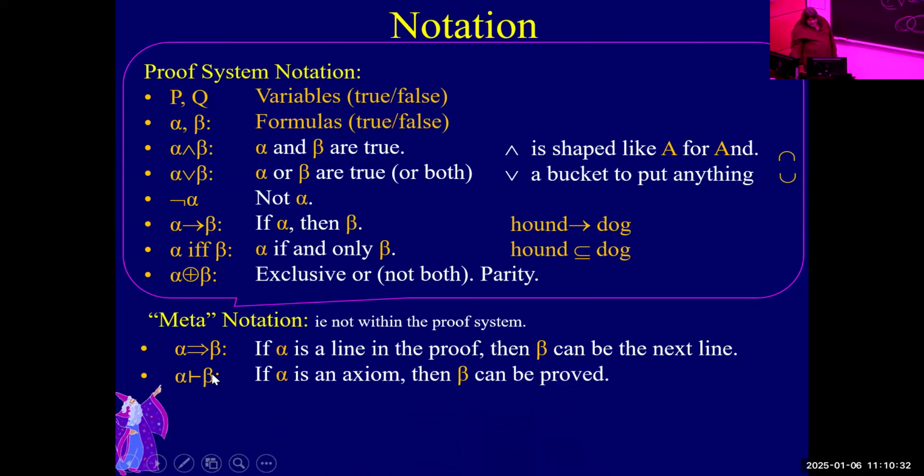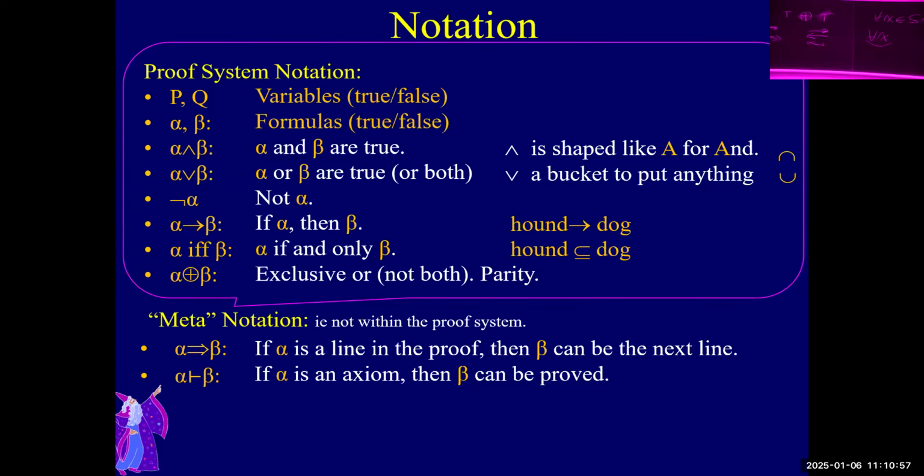This one here talks about truth, right? And this next one talks about proofs. So we would like our proof system to be one in which if you can prove it, it's true, and if it's true, you can prove it.